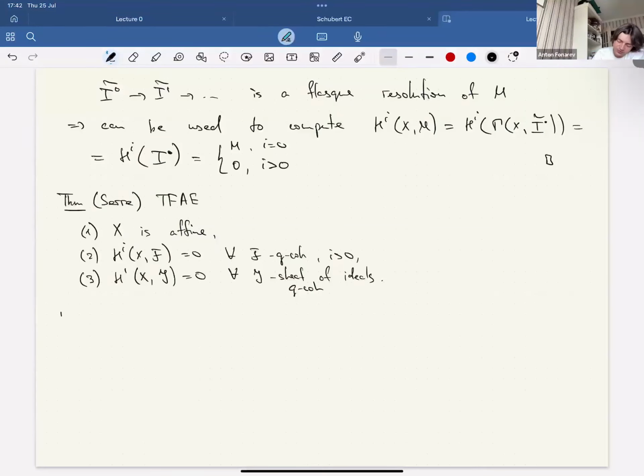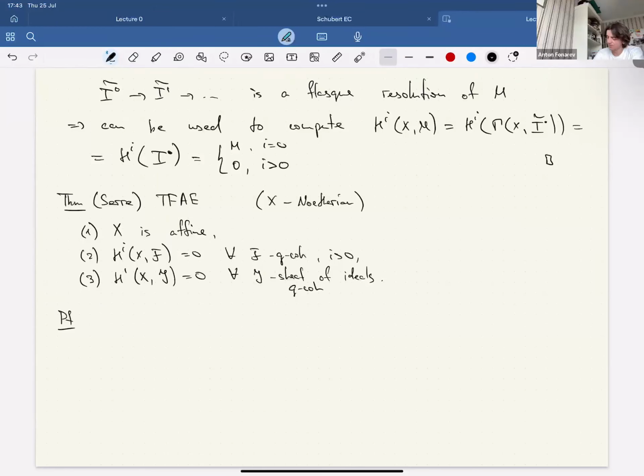So here's the proof of this statement, which I find to be a very nice one. Let me require, and this will be important, that X is Noetherian. In particular, X is quasi-compact, but for most of the times, we want to deal with varieties, and in such case, everything is Noetherian by construction.